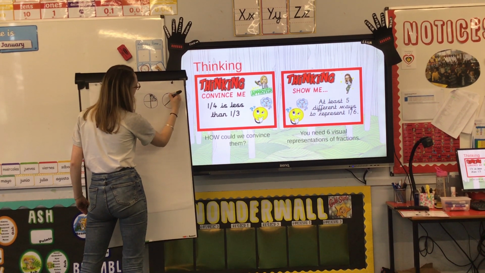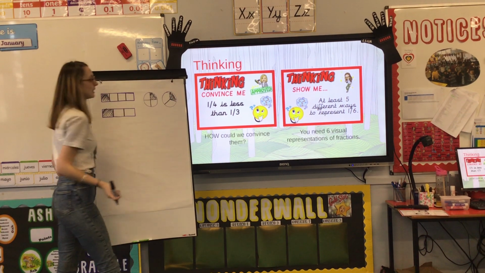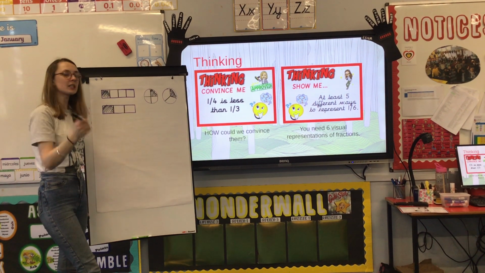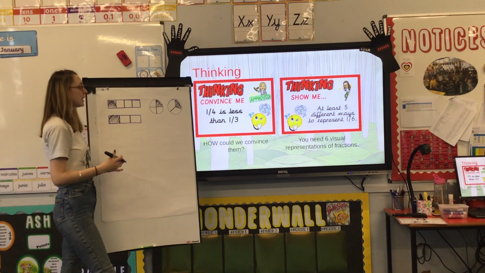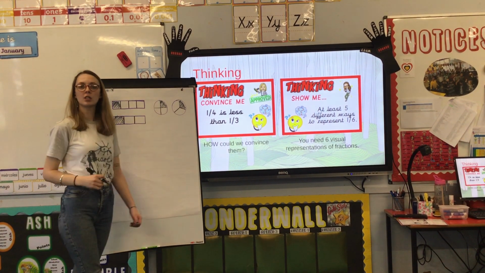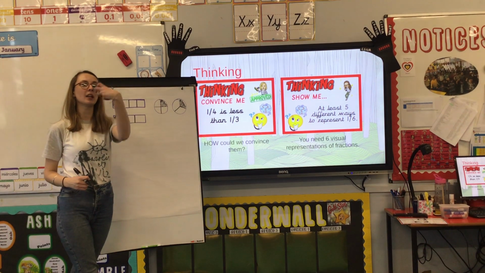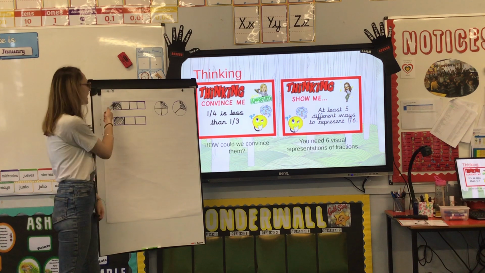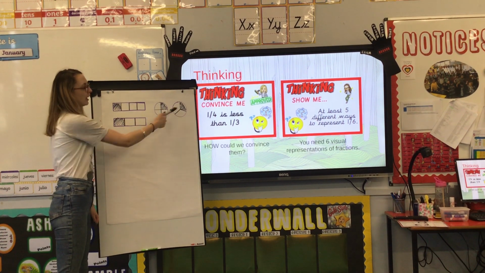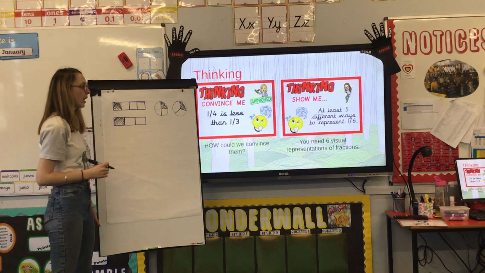That's 1/4, that's 1/3. I want you to have a go at drawing these. They don't need to be perfect, they just need to be some rough sketches. But now I want you to use those diagrams, and I need you to tell us which one is smaller and how do we know. Is it 1/4 or is it 1/3? So have a go at that one first.